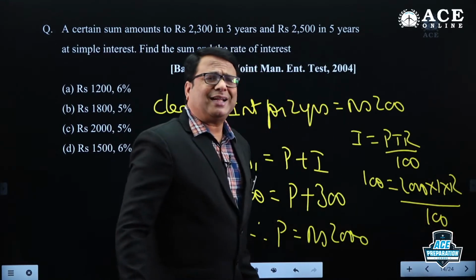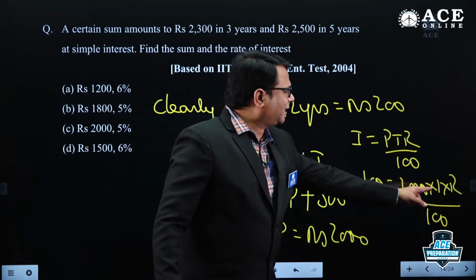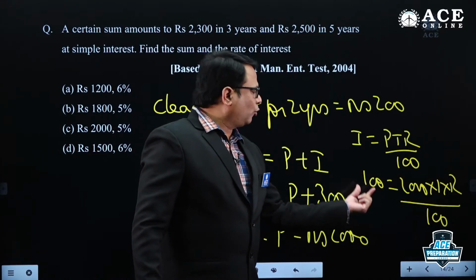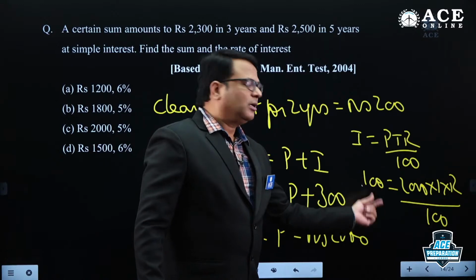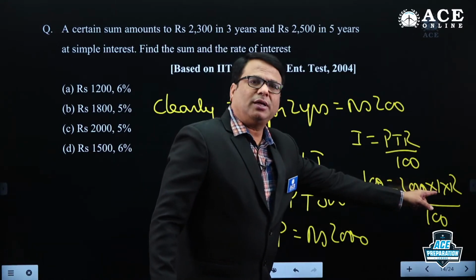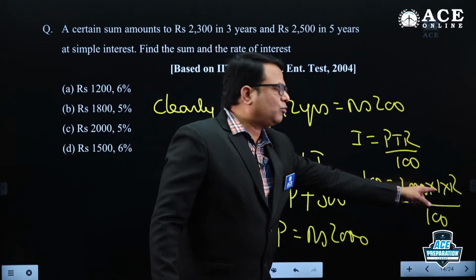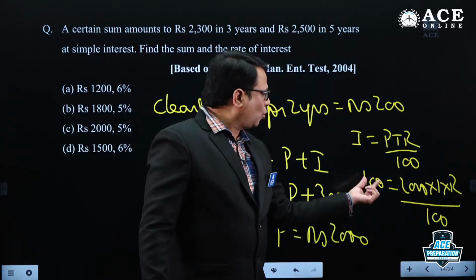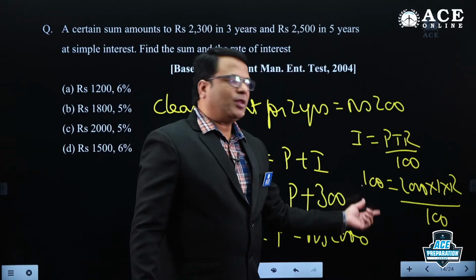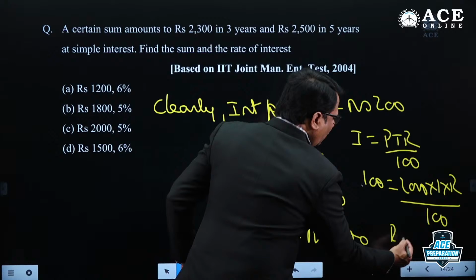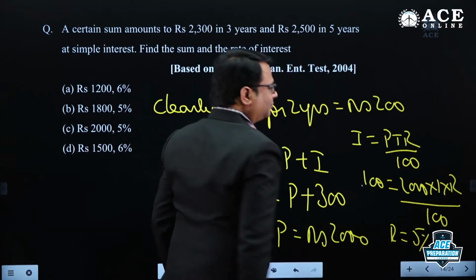Now, why should I take time as 1 year? Because I took interest only for 1 year. If you take 300 rupees on the left side, then in place of time, you have to take 3 years. If you take interest 200 rupees on the left side, then time you have to take 2 years. But I took only 100 rupees as interest, and therefore time is 1 year. And do this calculation, you get the rate of interest is 5%.